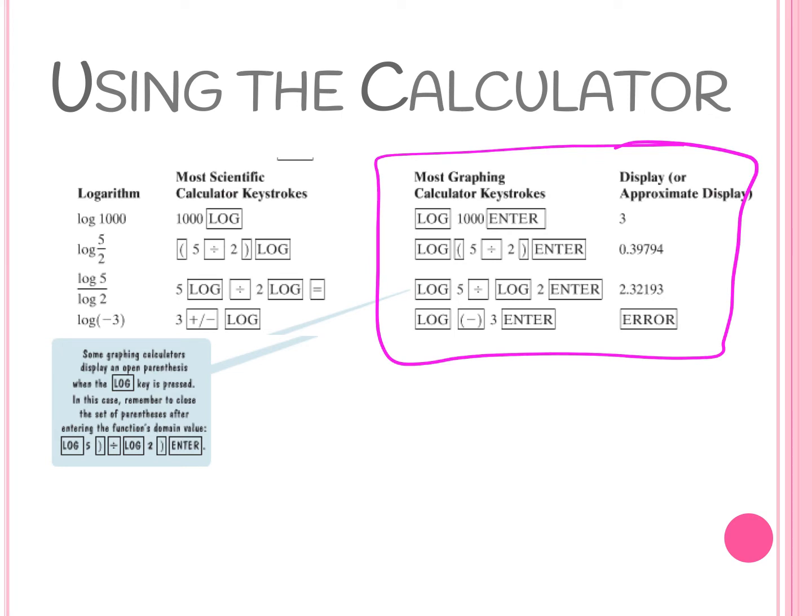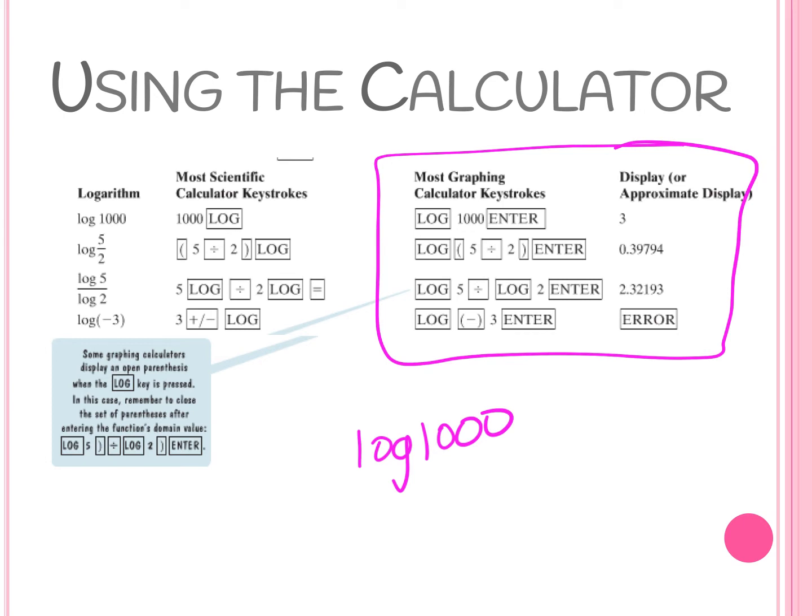The right-hand side means if you hit the button that says log, it's above that e to the x one. Do you see the word log appear in your screen? If that is you, then you're doing the order on the right-hand side. If I wanted to find log of 1,000, I would literally hit log, and I would hit 1,000, and I would hit enter.